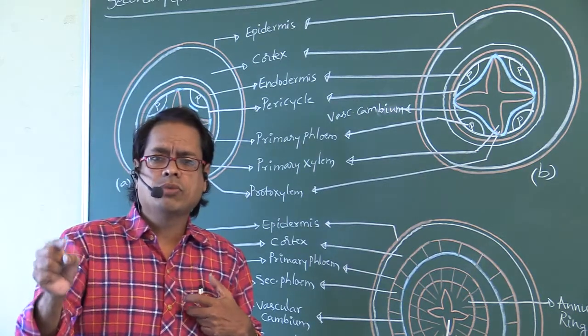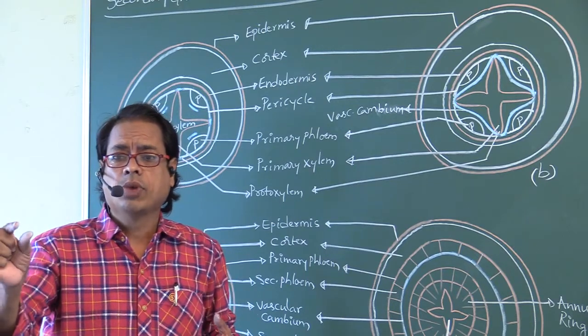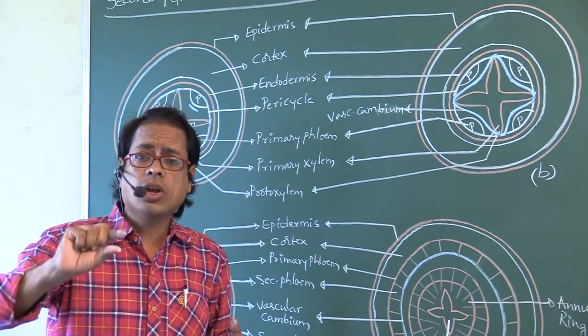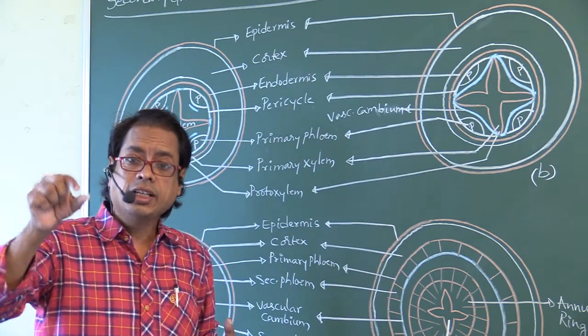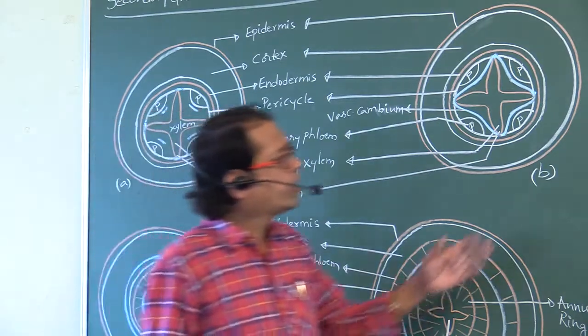In dicot stem, vascular cambium is formed from intrafascicular cambium and interfascicular cambium. Understand? Right.